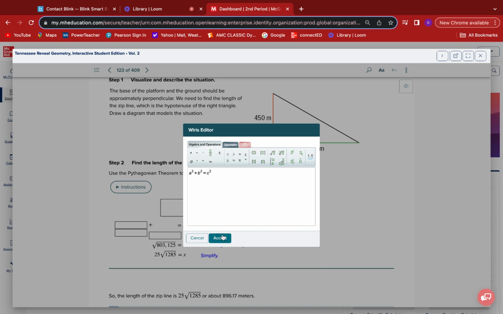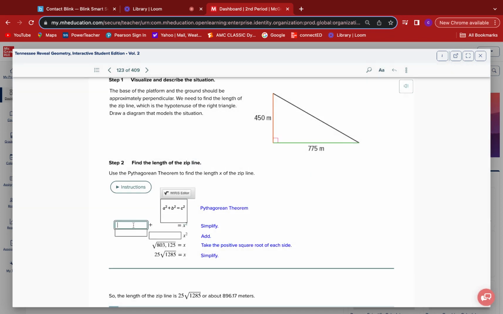I'm assuming that's all they want in that one. Yep. All right, so we're going to do 450 squared. And this is going to be 775 squared. I probably just messed that up. They probably actually wanted me to go ahead and just put in what numbers those are.